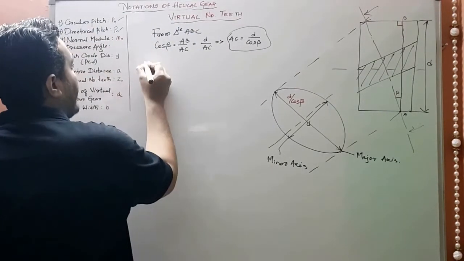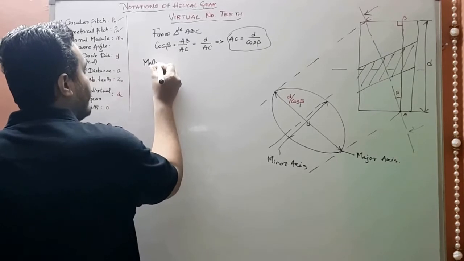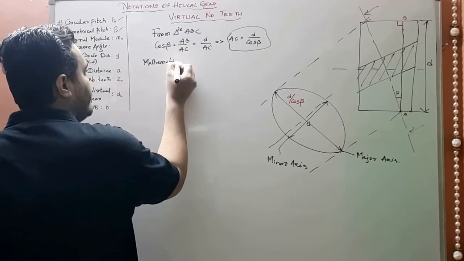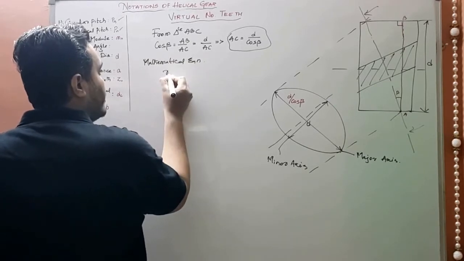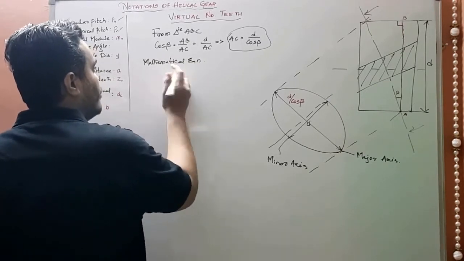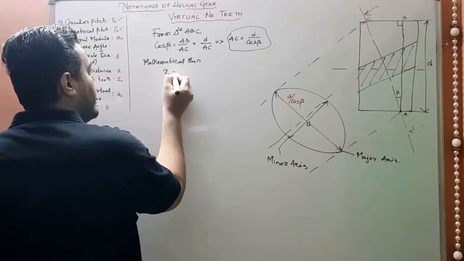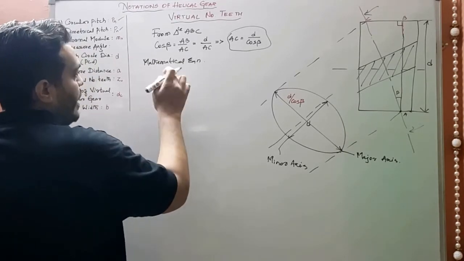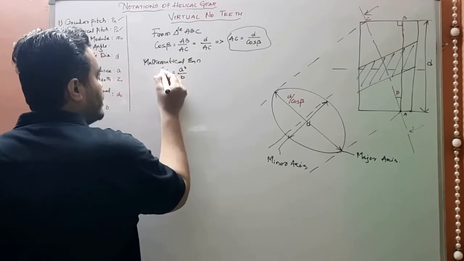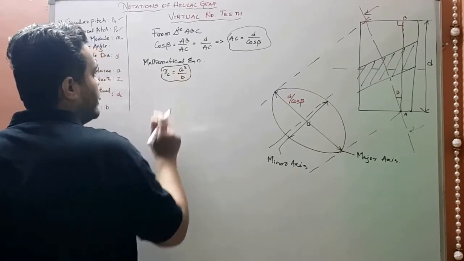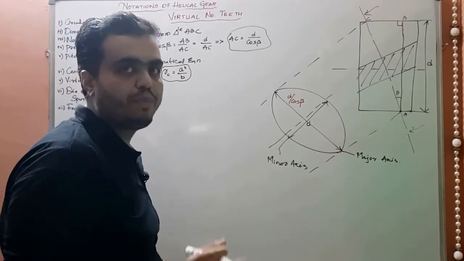To convert it, we have one mathematical equation, that is RC, the radius of circle, is equal to A square by B. So this equation we need to consider to convert the elliptical shape into a circular shape.